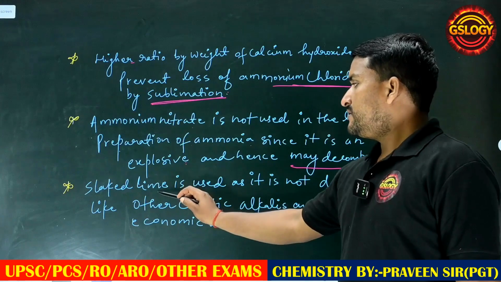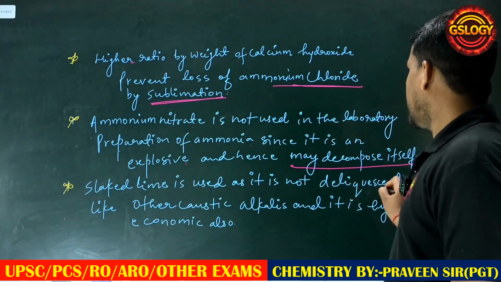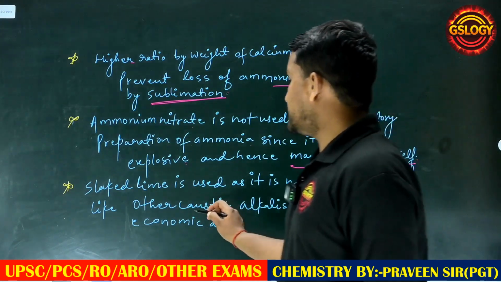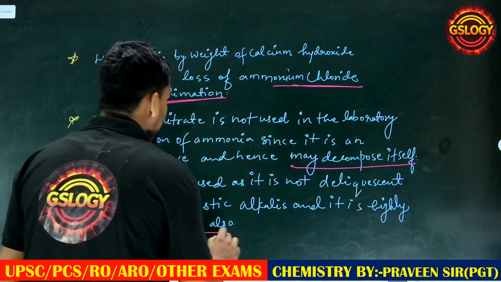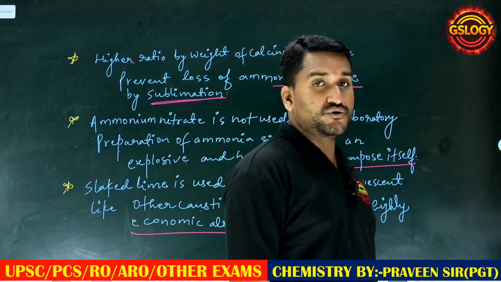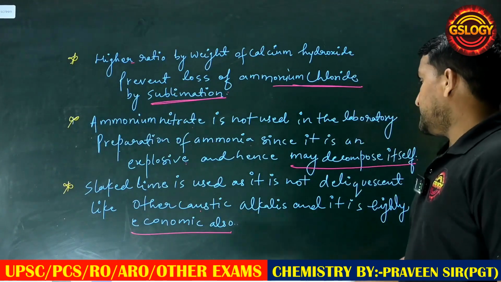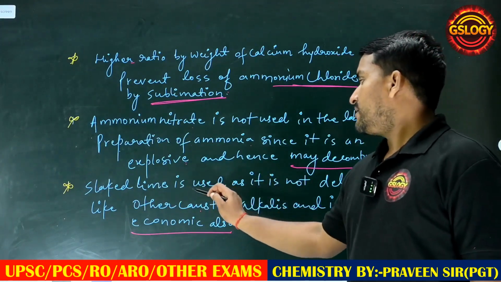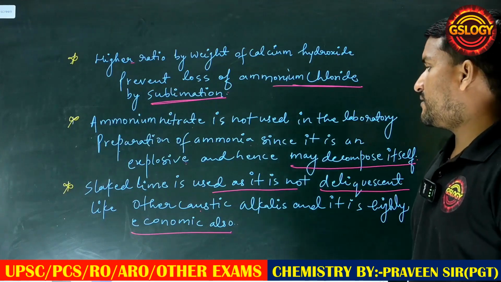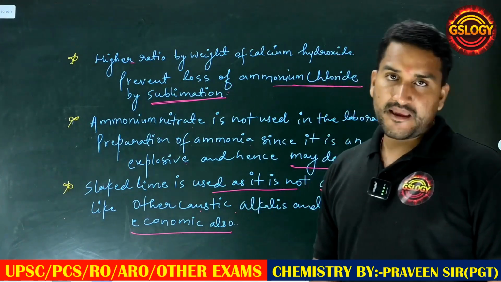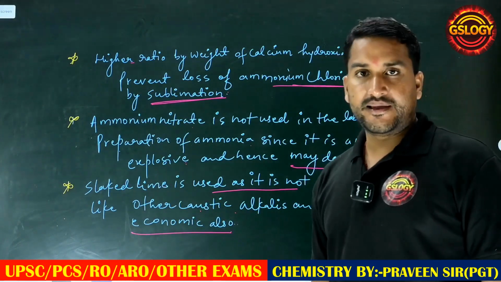And the next point, slaked lime. Slaked lime is used as it is not deliquescent like other caustic alkalis and it is also highly economical. So that's why slaked lime is used.